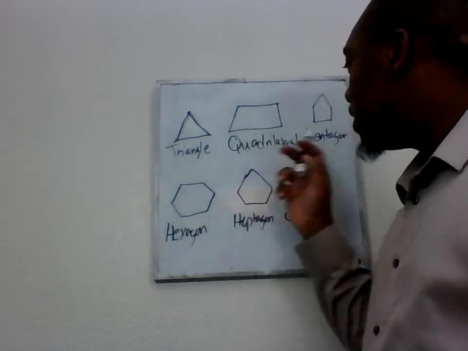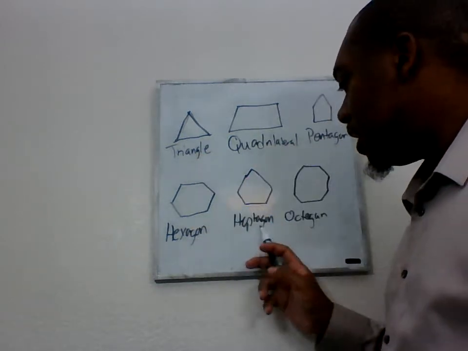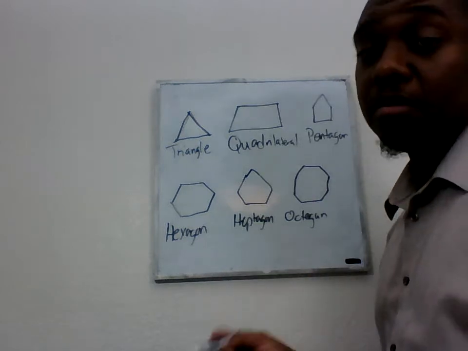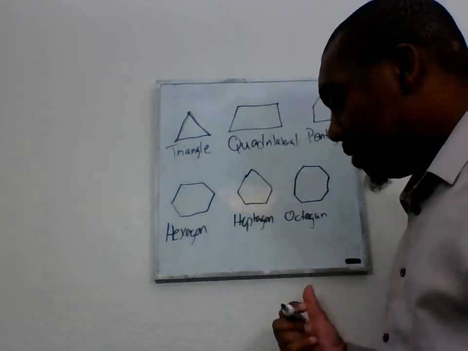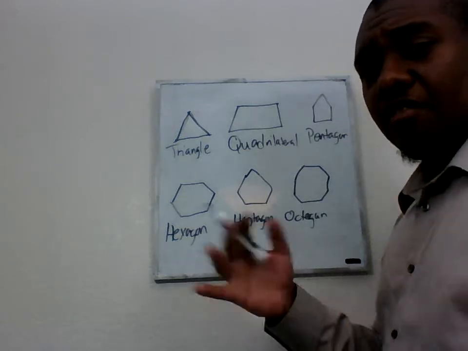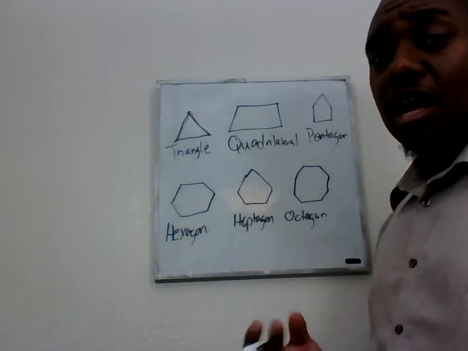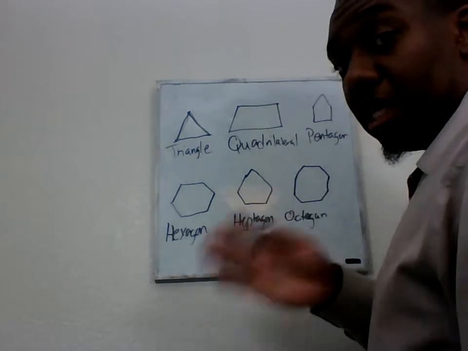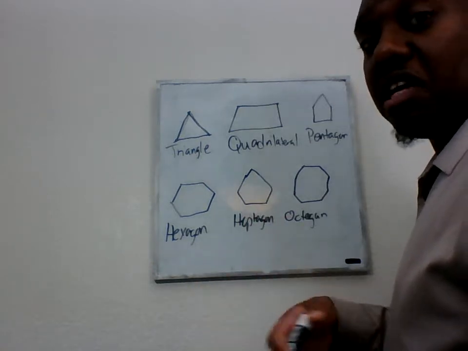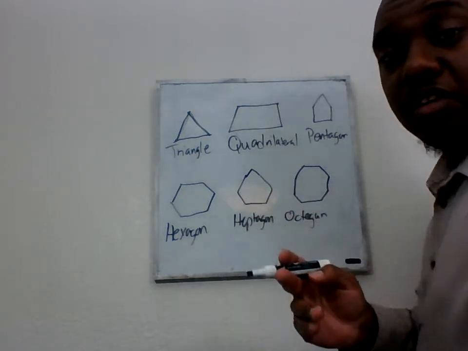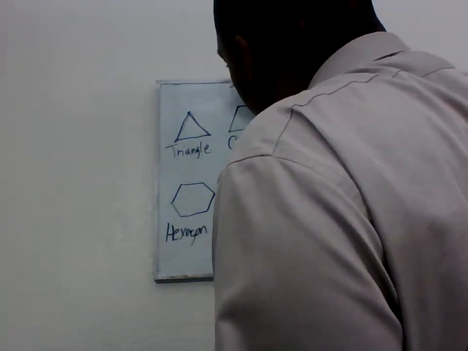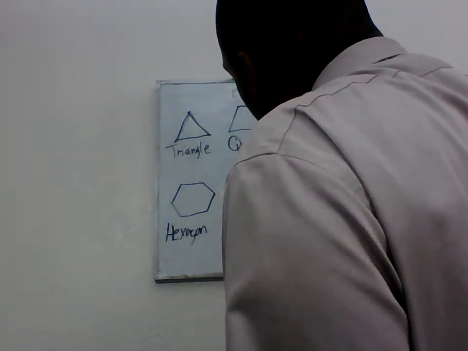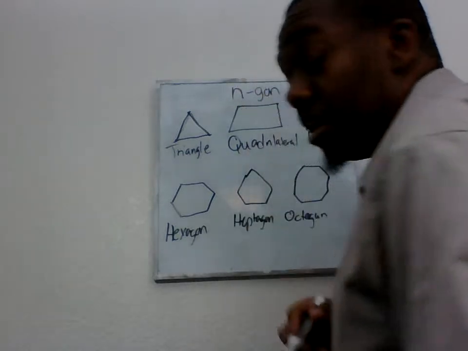So we have a triangle, quadrilateral, pentagon, hexagon, heptagon, octagon, nonagon, meaning 9, decagon, deca 10, so 10-gon, and then dodecagon is 12, and they have special names for all of them. Now, in general, because these are polygons, meaning many sides, we could have a 108-sided figure if we wanted to. But in general, we just call them n-gons, where n is the number of sides.